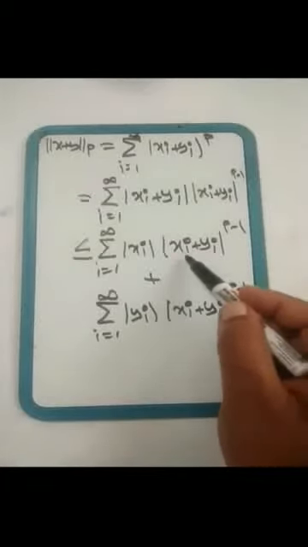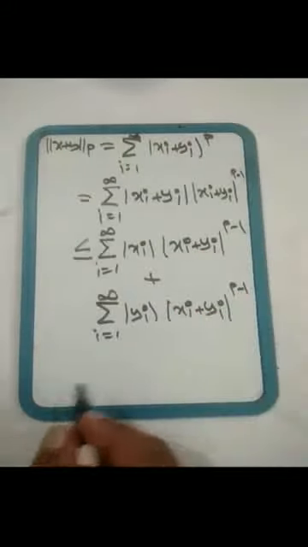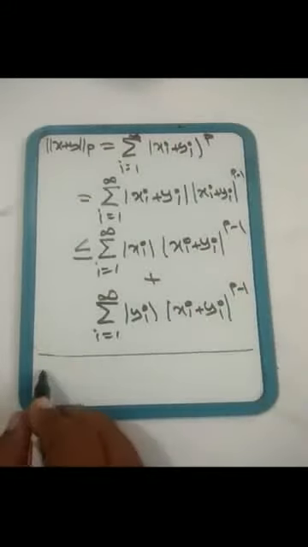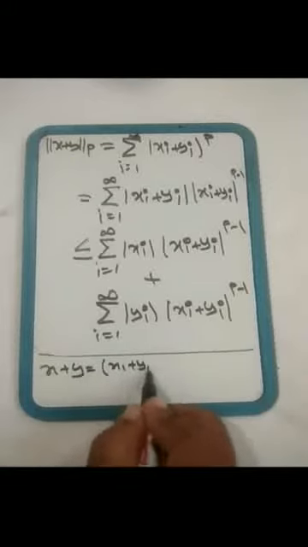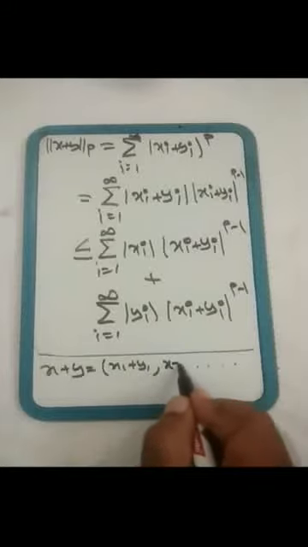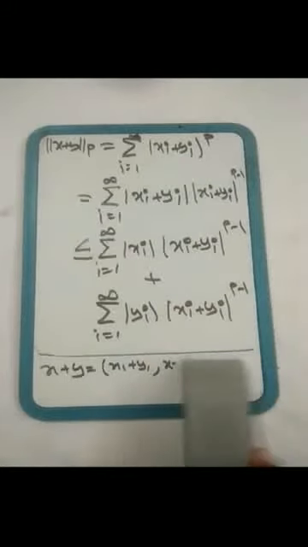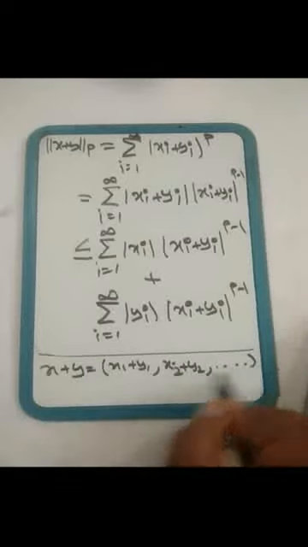See, if this was the term of x plus y, so if you observe, let me write here, x plus y would be x1 plus y1 and so on. Rather let's write the second term x2 plus y2, so on.